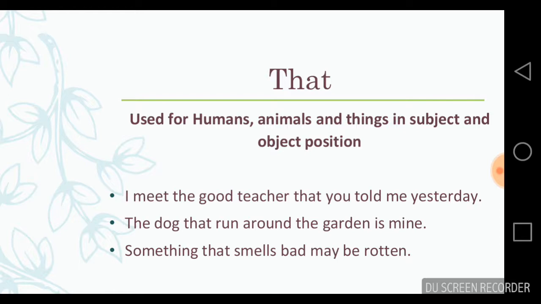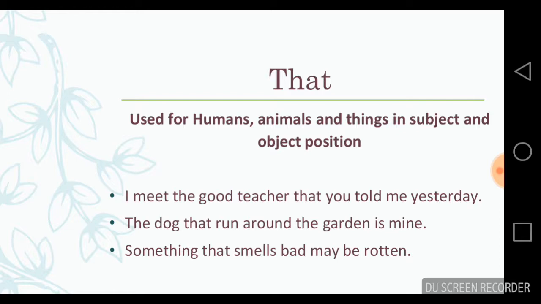And then the example of the usage of this relative pronoun is the first one, I met the good teacher that you told me yesterday. And the second one, the dog that runs around the garden is mine. And the last one is something that smells bad, maybe rotten.